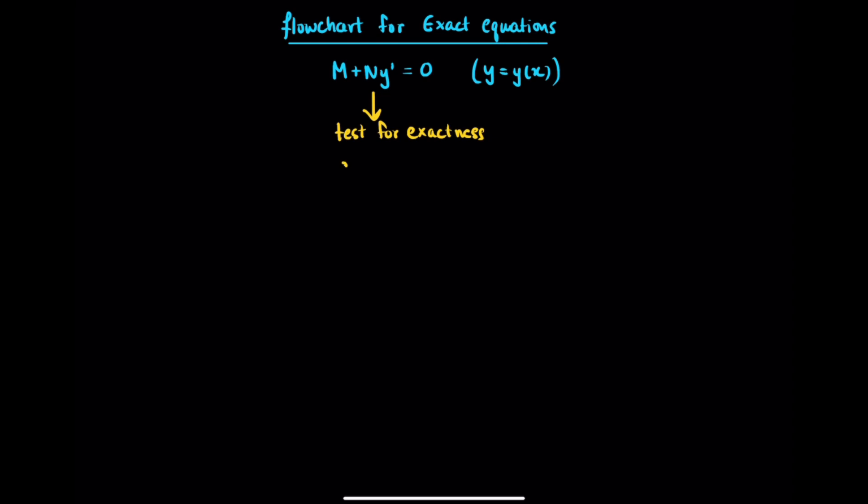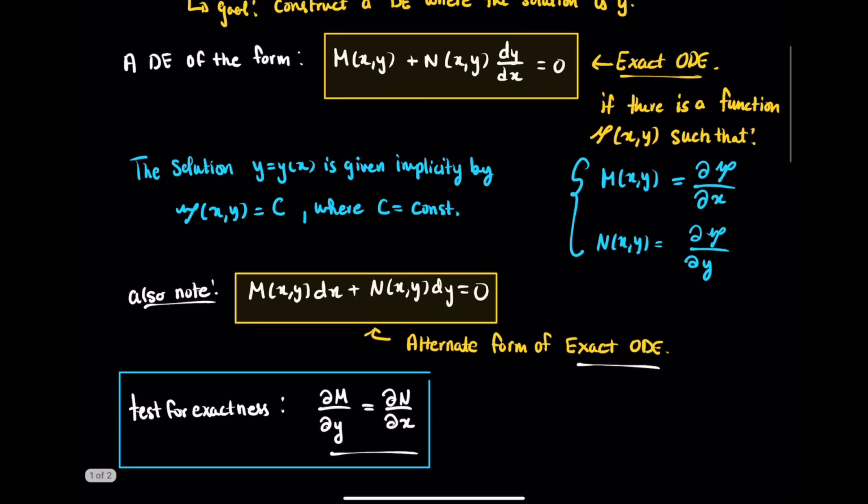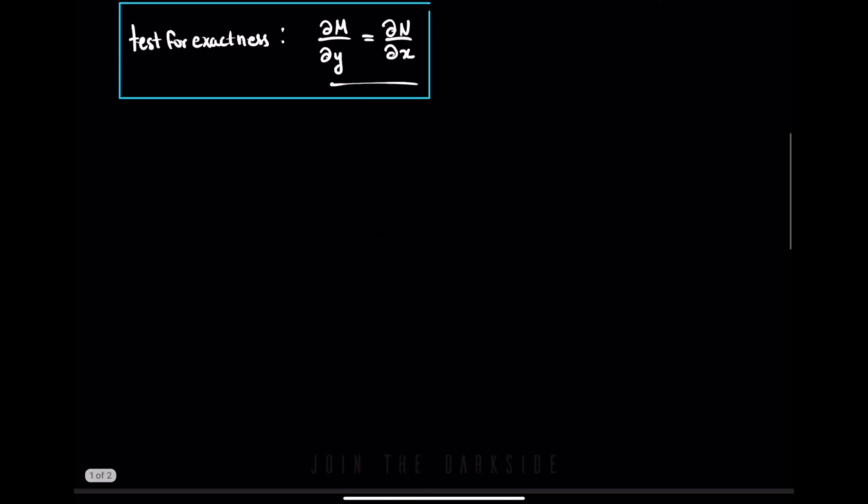Okay, so we do the test for exactness. We see if the partial derivative of M with respect to y is equivalent to the partial derivative of N with respect to x. And if this test passes, then, like we talked about, the function psi of x and y.